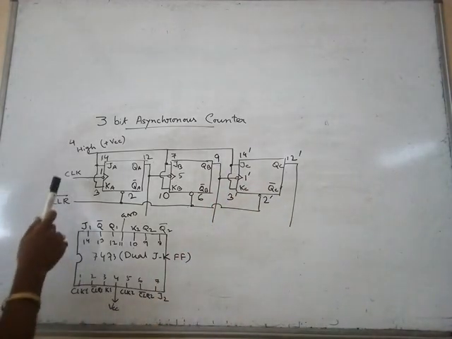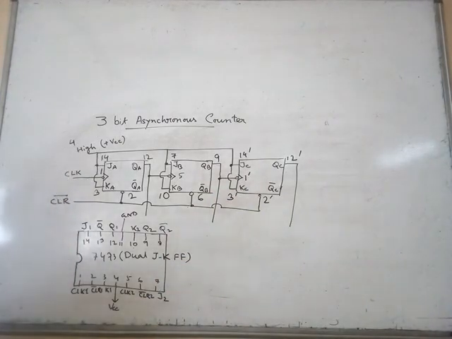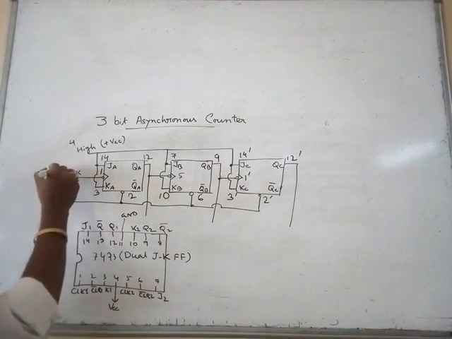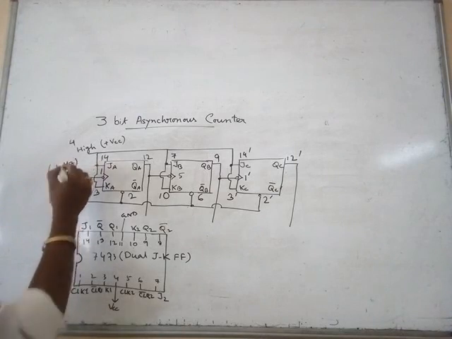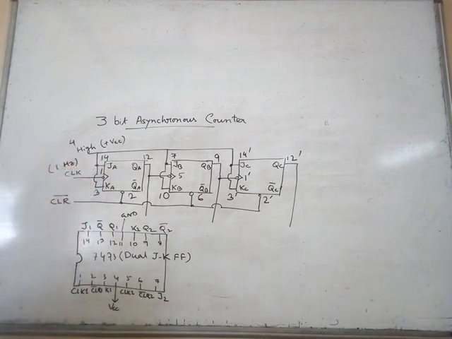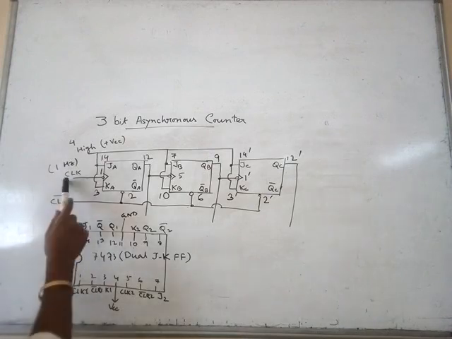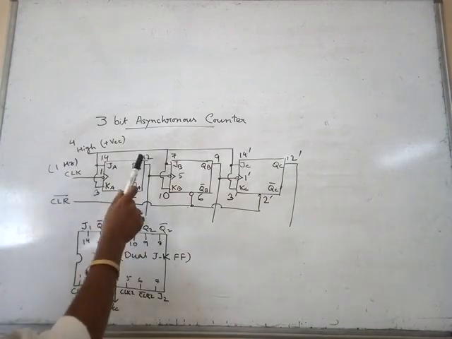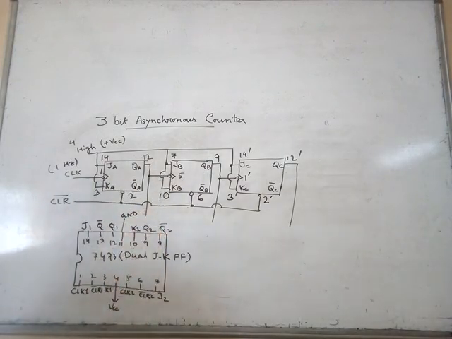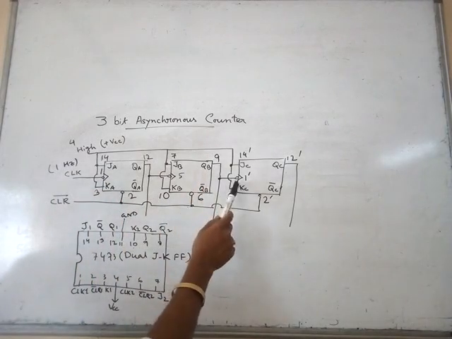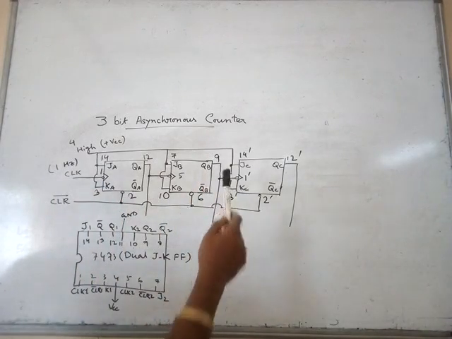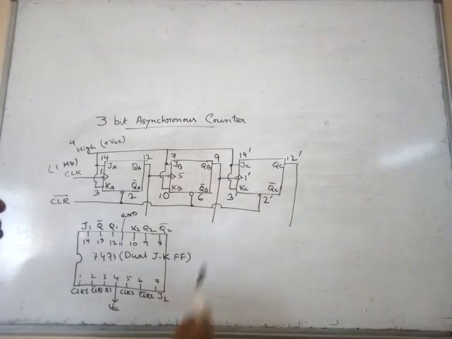Next, going to the clock from the kit, that may be 1 Hz. If we give a high frequency, then you can't see the combination. So the clock is going to pin number 1. Next, pin number 12 and 5 shorted. Pin number 9 and 1 dash. 1 dash means that is the second IC, shorted.